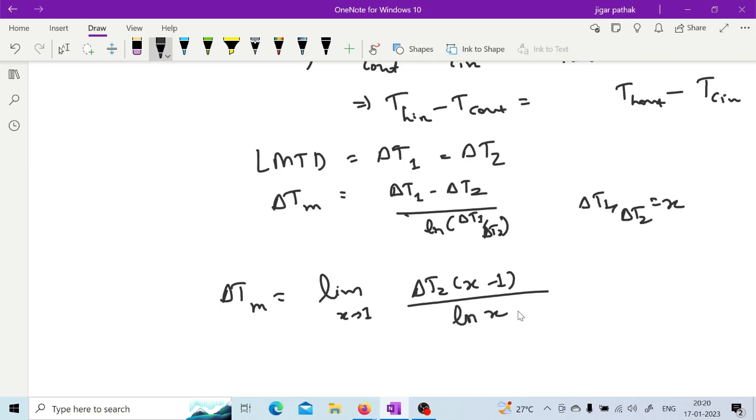So if you apply L'Hospital rule, then you will have delta Tm equal to delta T1 equal to delta T2, as we know, right?